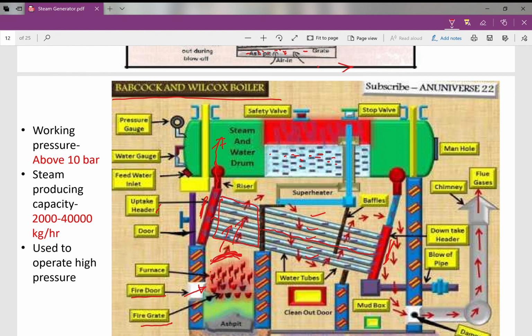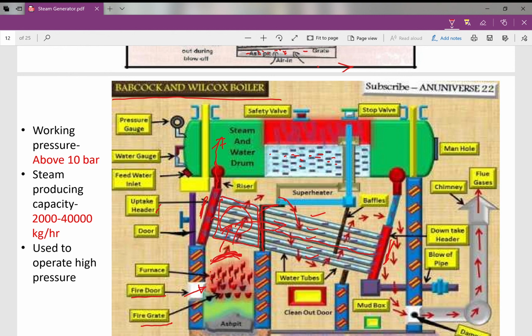Now after losing heat to this portion, these hot gases come in this way, because this is your baffle plate, which stops these hot gases from going directly like this.